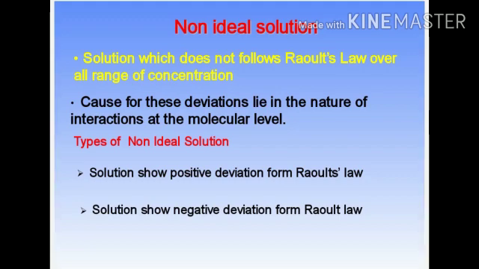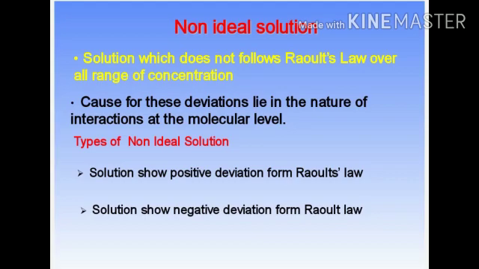Okay, students, and on the basis of the interaction present between the solute and solvent particles, we are having the two types of non-ideal solutions. Solution show positive deviation from Raoult's law, and the second one is solution show negative deviation from Raoult's law.